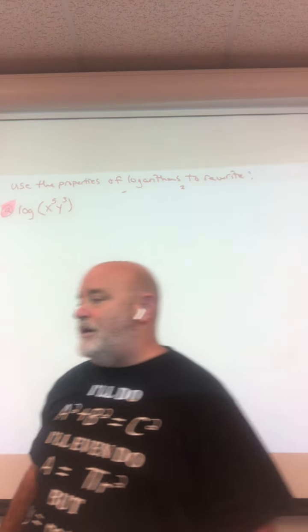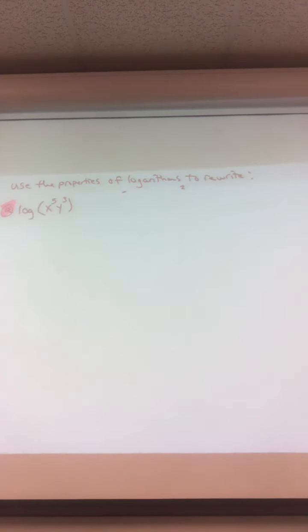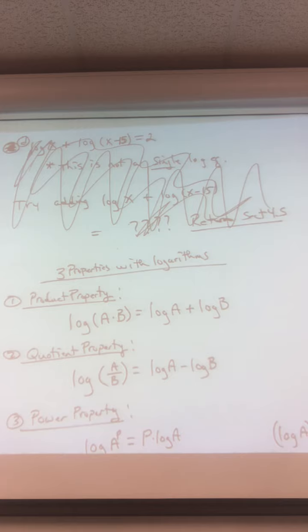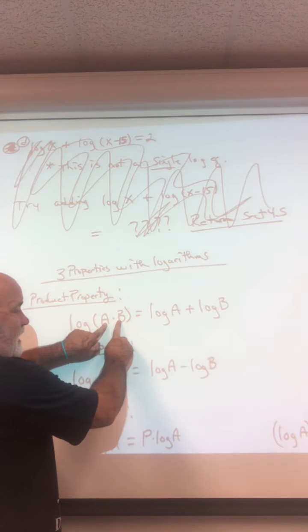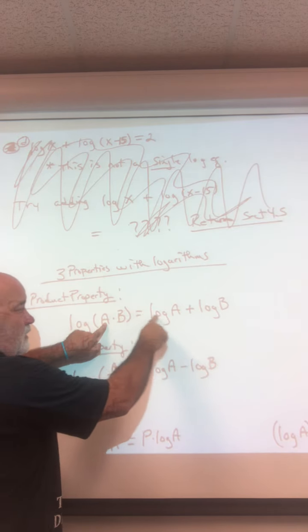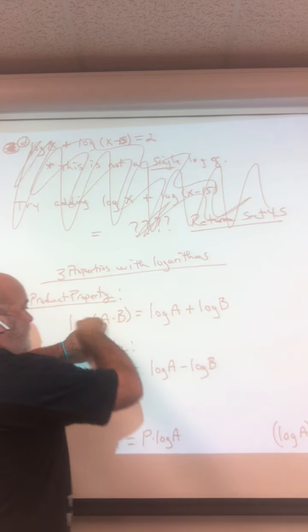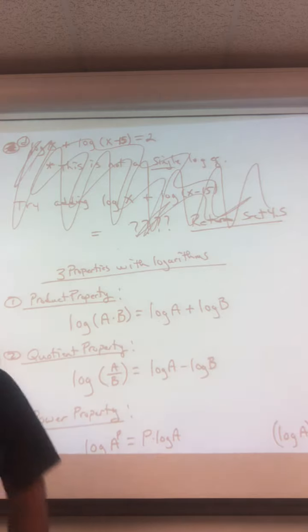Okay, look at your properties of logarithms. Do we have a logarithm property where you're multiplying 2 things? Yes, we do. The log of this times this is the log of the first one plus the log of the second one.